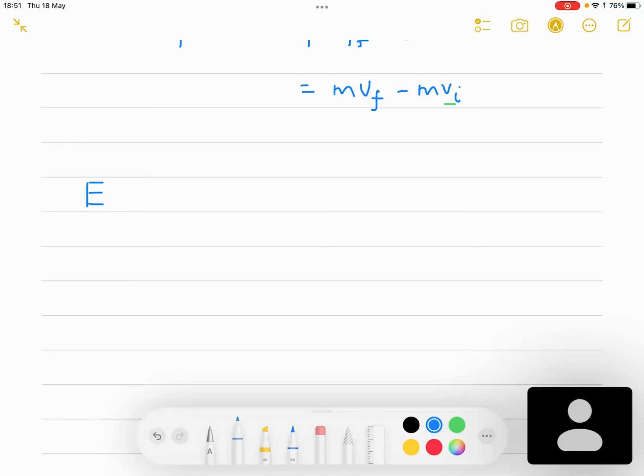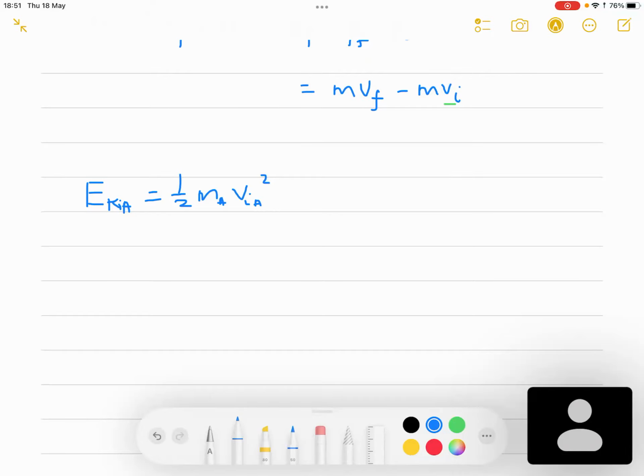I know that the kinetic energy of A is equal to a half m, so I can say initial, m_A v initial of A squared.